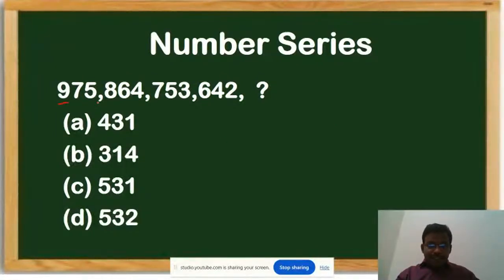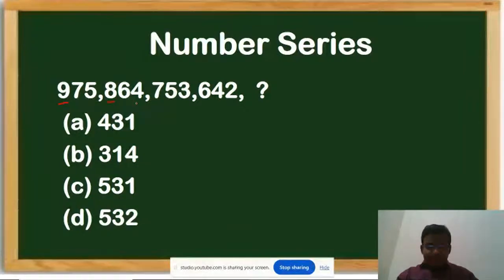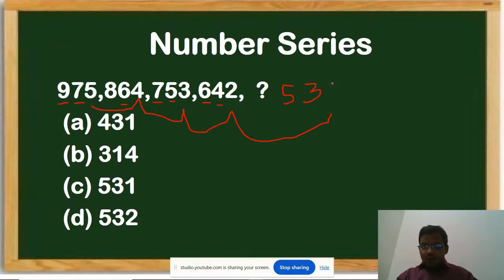The first digit is 9, 8, 7, 6; that is one sequence, 9, 8, 7, 6, 5. For the second digit, compare 7, 6, 5, 4, 3. Next, 5, 4, 3, 2, 1.